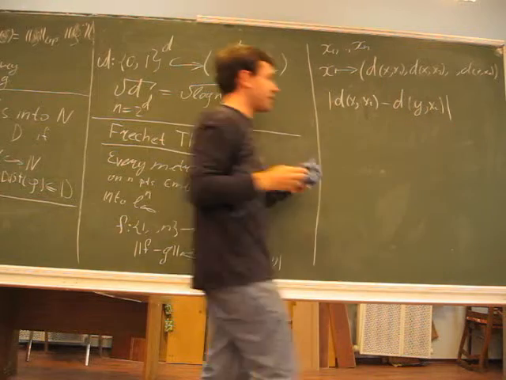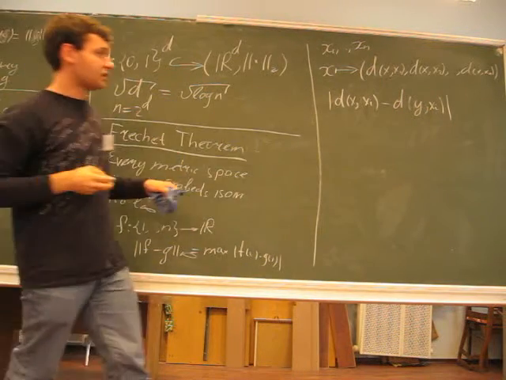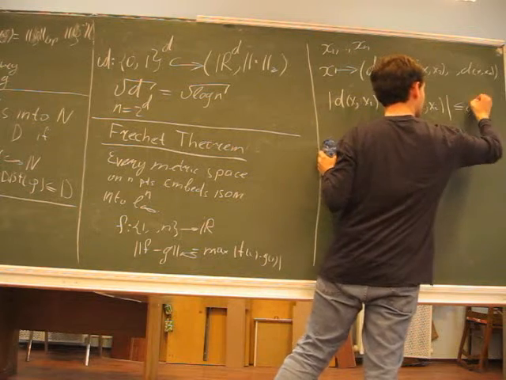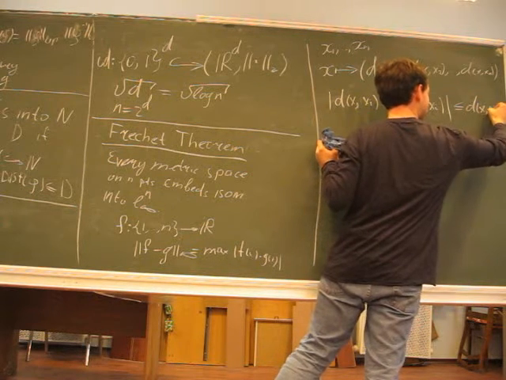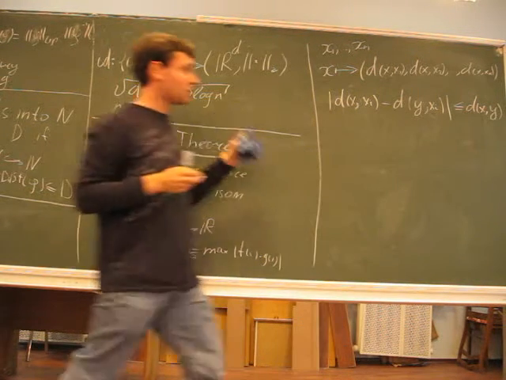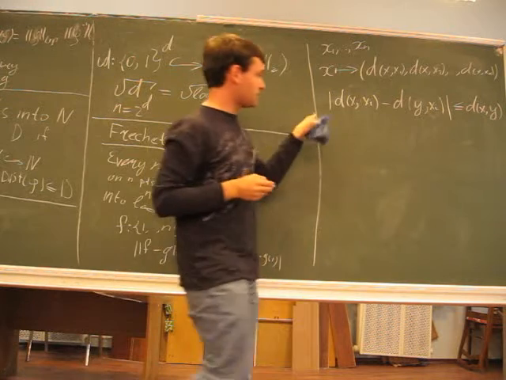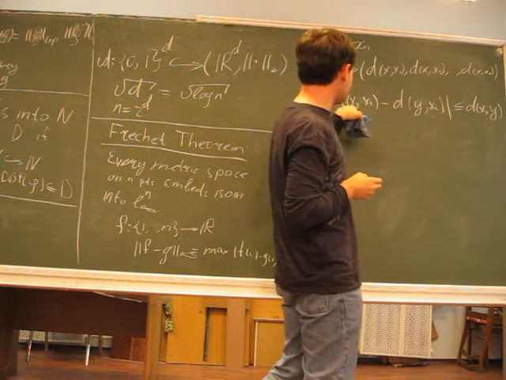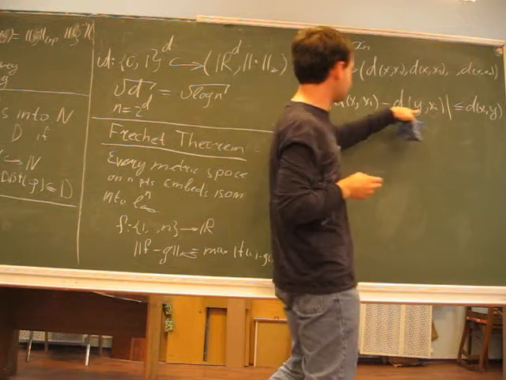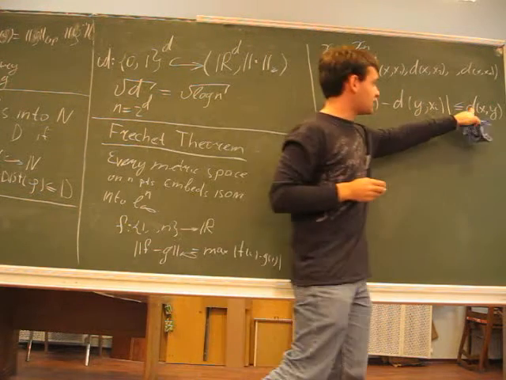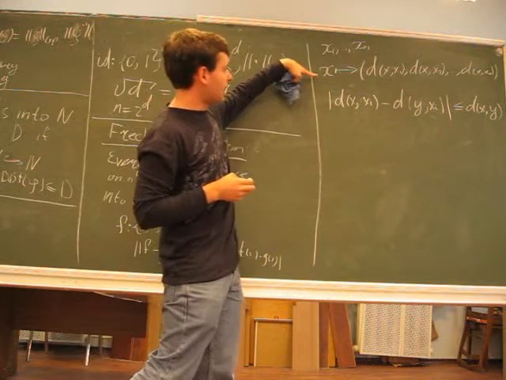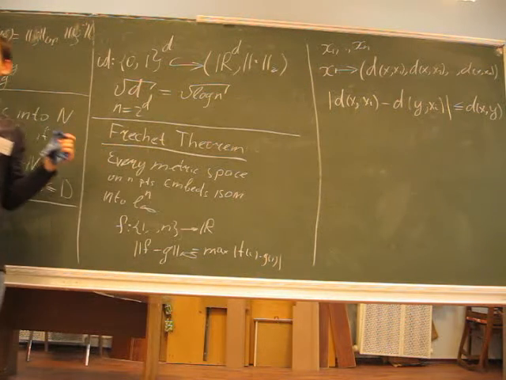Now we apply the triangle inequality. The difference is at most the distance between x and y. So since the difference in every coordinate between the image of x and the image of y is at most the distance between x and y, we get that this map doesn't increase distances.